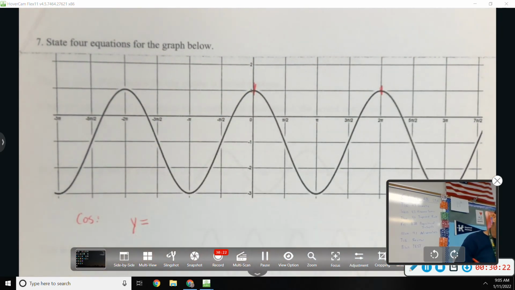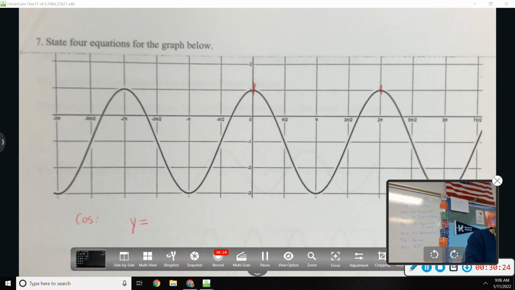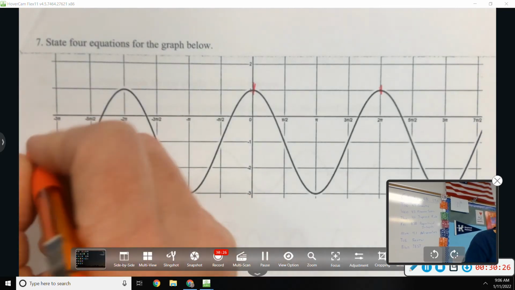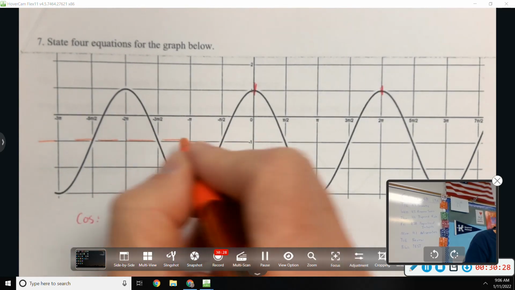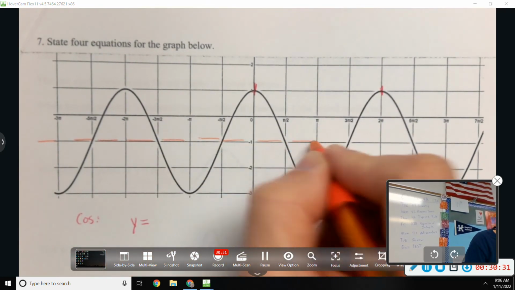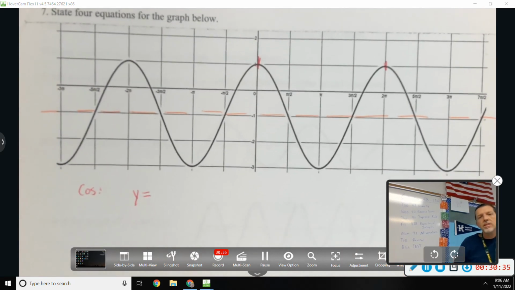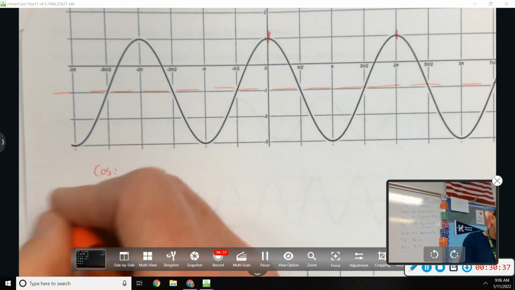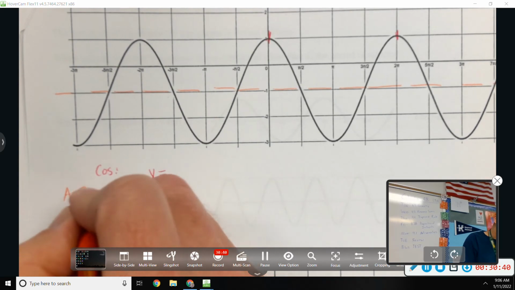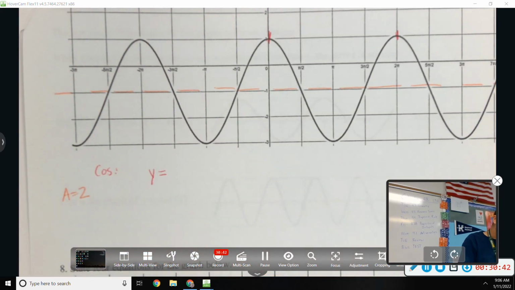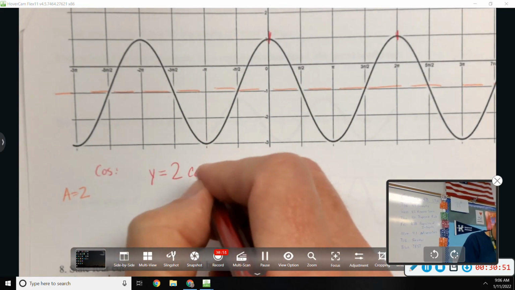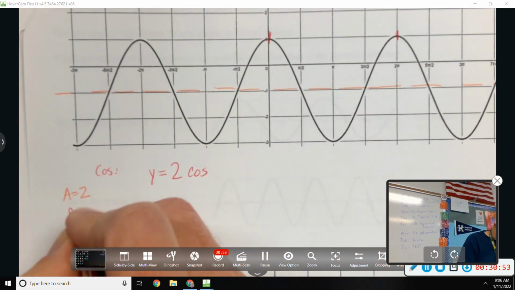So y equals. I can definitely draw the midline, regardless of whether it's sine or cosine. I should probably be thinking about DCBA again here, or ABCD. Amplitude is 2. Cosine. What's the period?